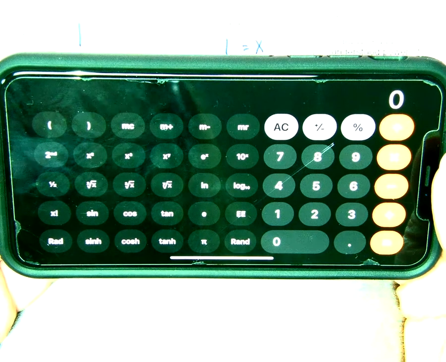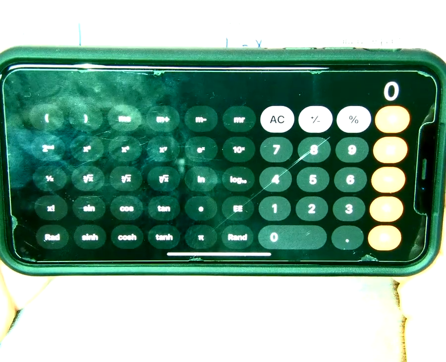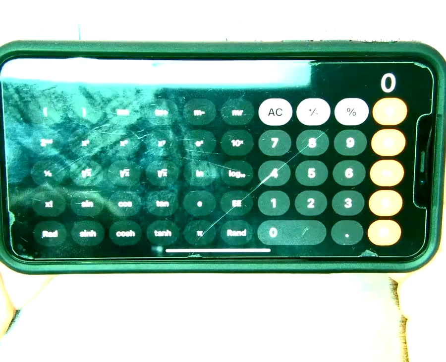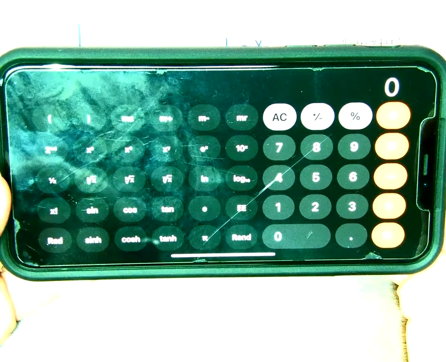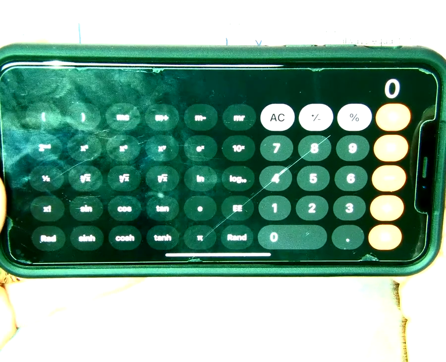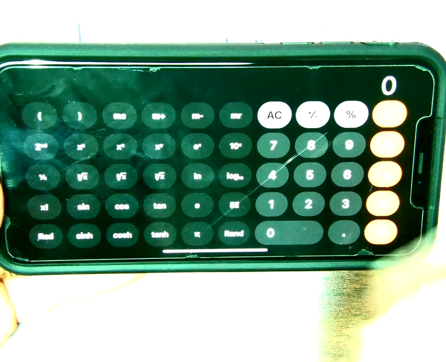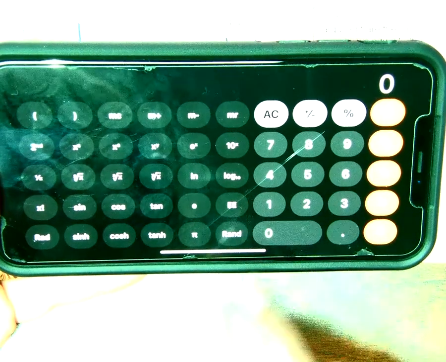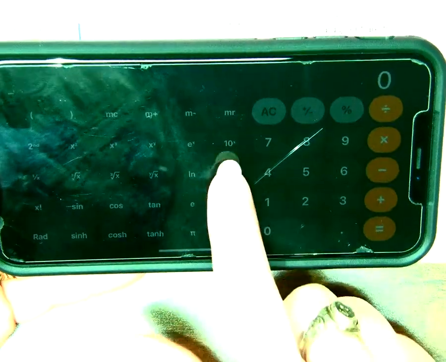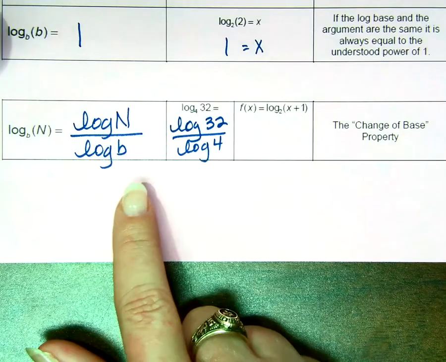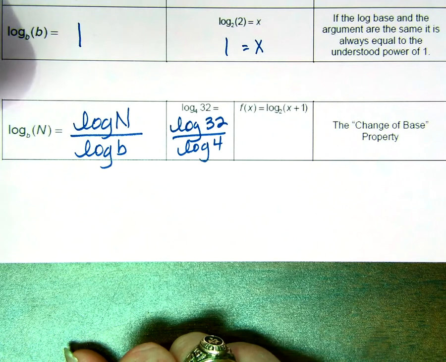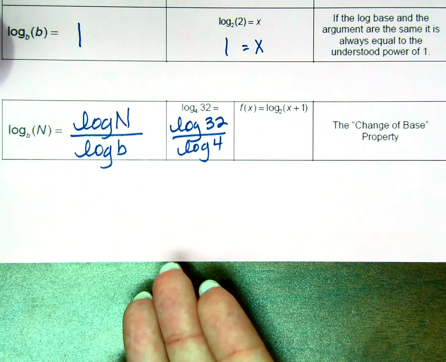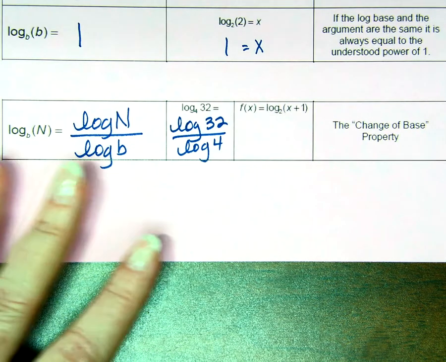What do we say to that? Politely we say, yes, we will. But even then, will we always have a calculator that will do what we need it to do? This doesn't. So if we get somewhere we're doing our homework and all we have is our phone calculator, we do need to know change of base, don't we? So do we maybe care about it a little bit? Yeah, we should know it.